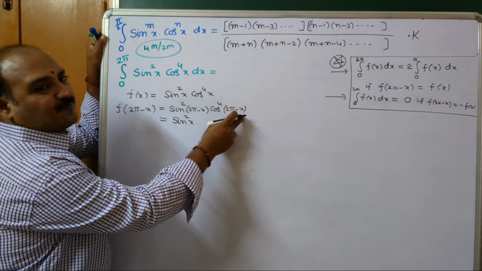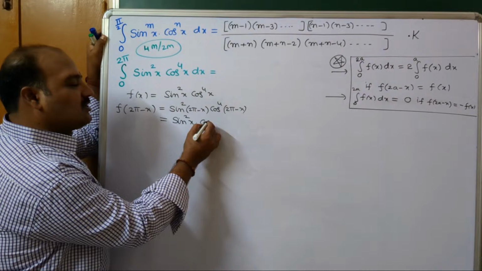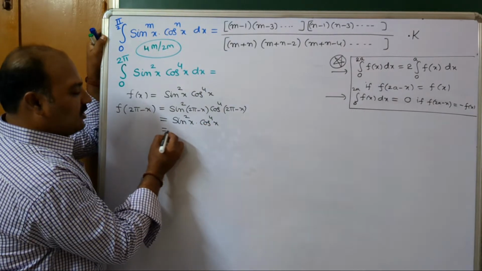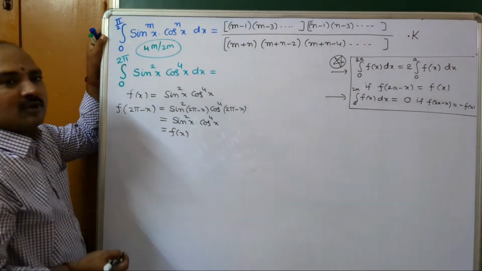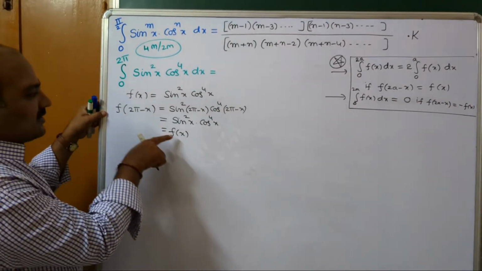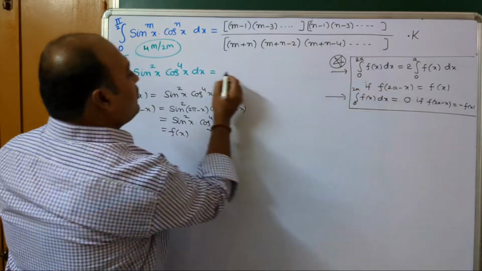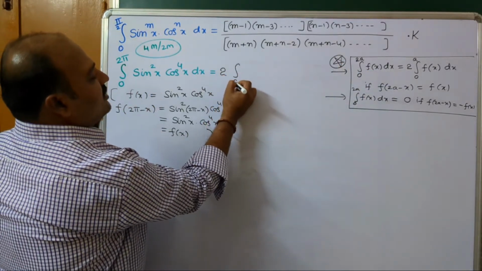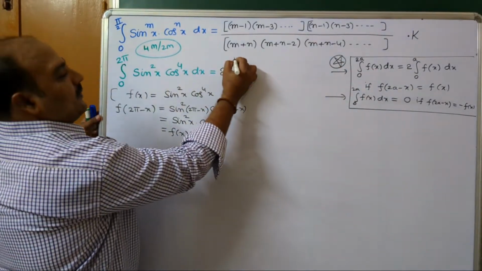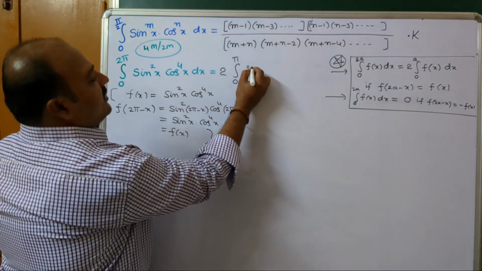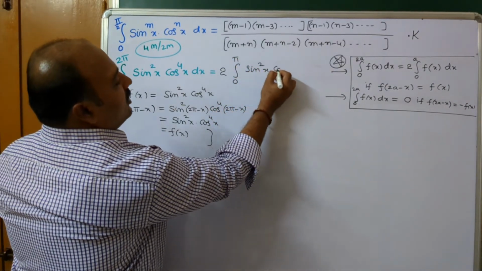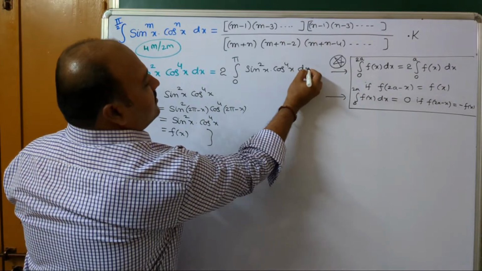Cos of 2 pi minus x is positive, and the power is 4, so that is equal to f of x. So whenever f of 2a minus x is equal to f of x, by using this property it can be written as 2 times integral 0 to pi sin square x into cos power 4x dx.